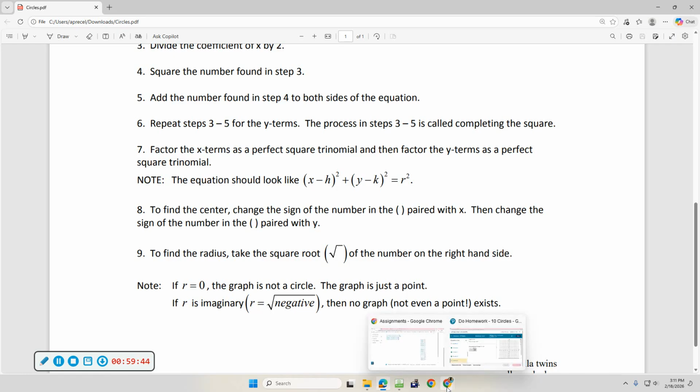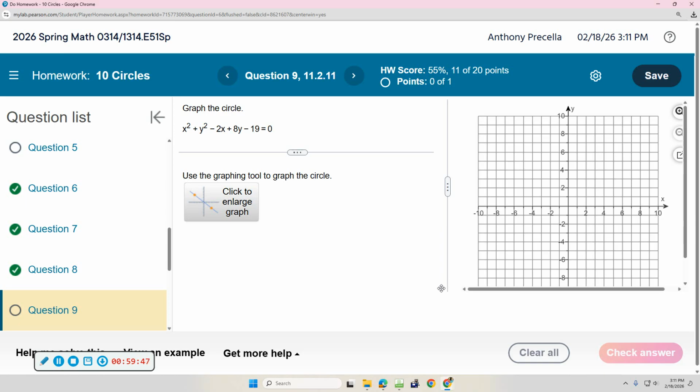Let's do number 9. Here they have the constant on the left-hand side for us. x squared plus y squared minus 2x plus 8y minus 19 is equal to 0.